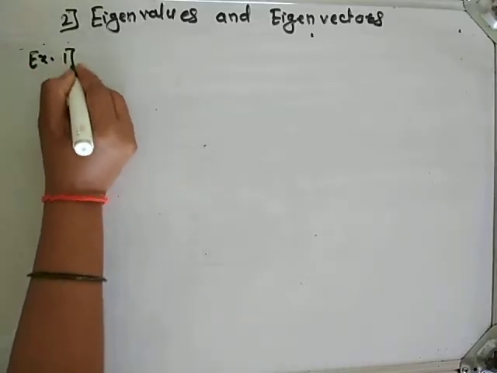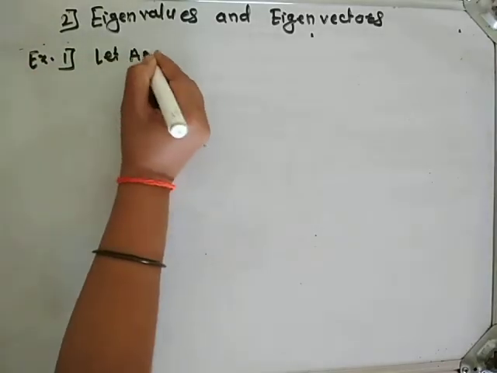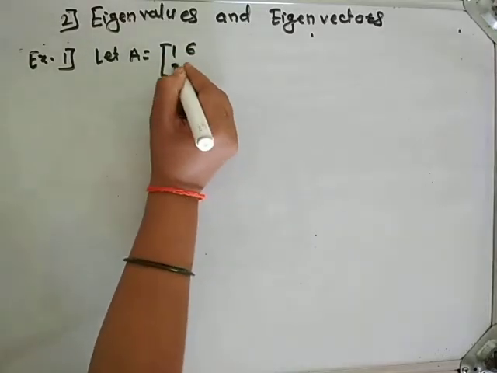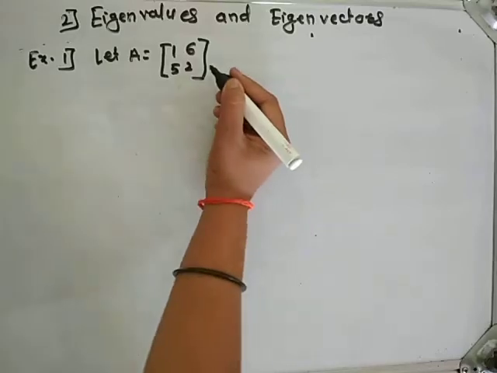Example 1. Let A be the matrix 1, 6, 5, 2.